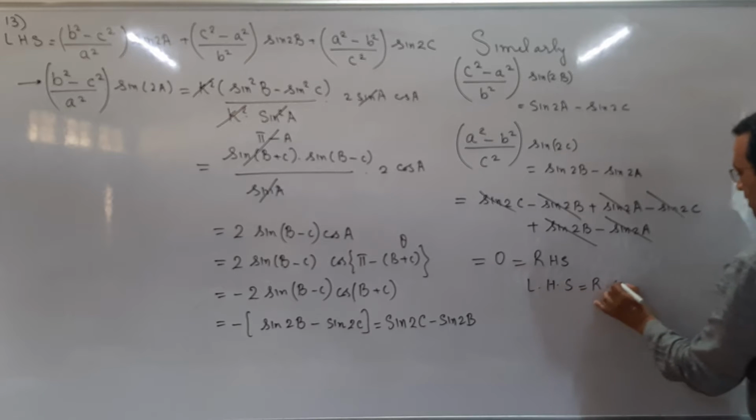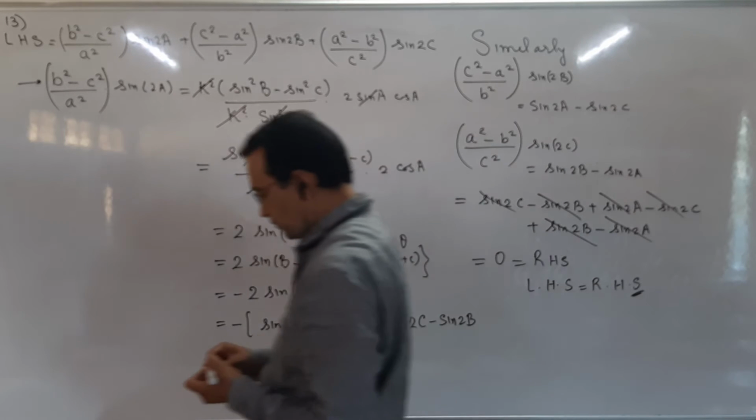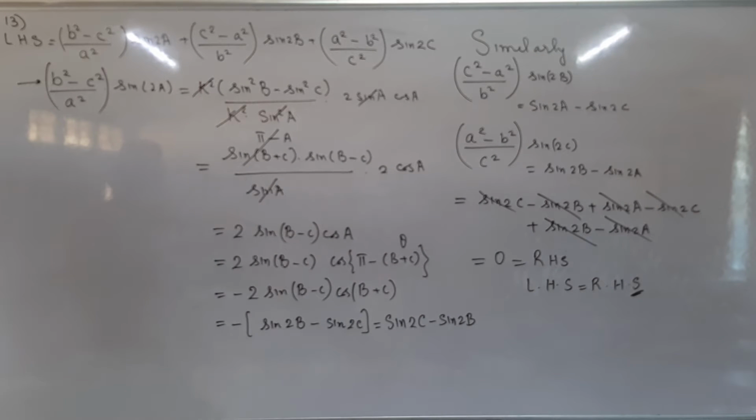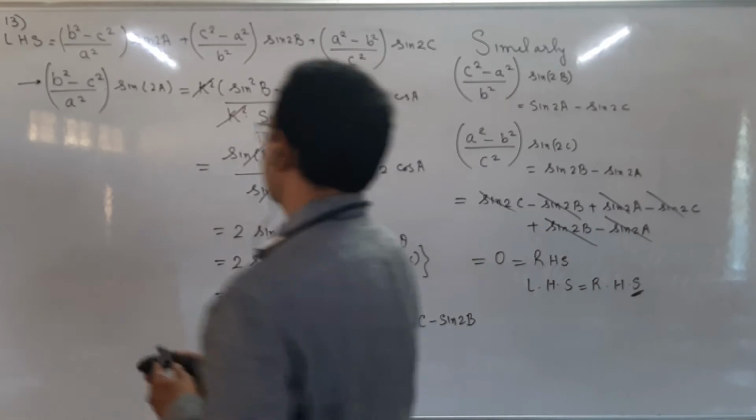Finally, students, LHS is equal to RHS. Hence, we have proved the sum. So, this is how, students, we complete the symmetry type of sum.